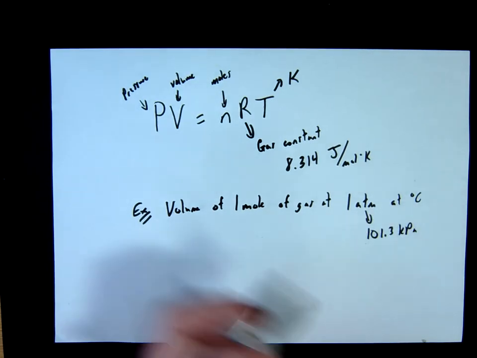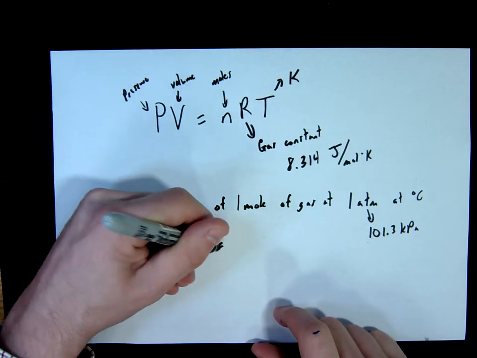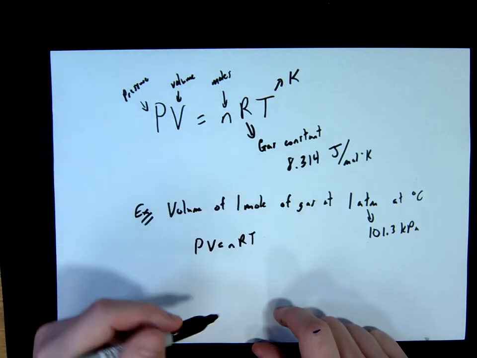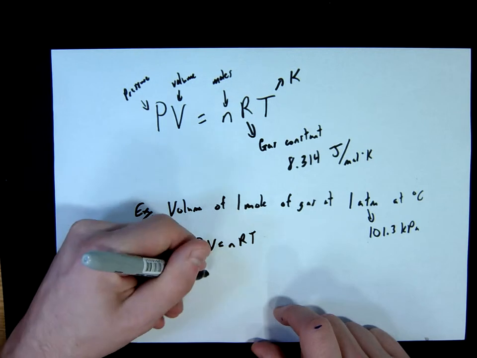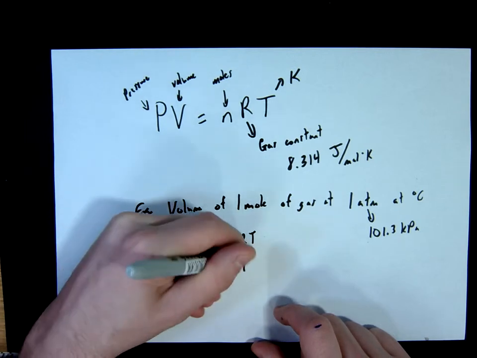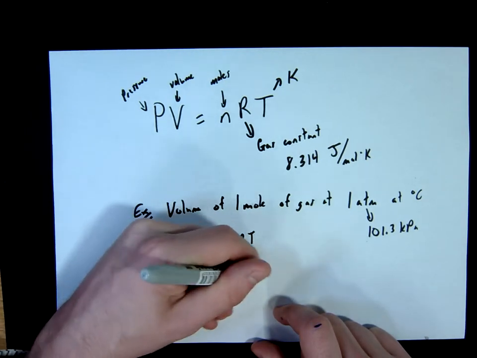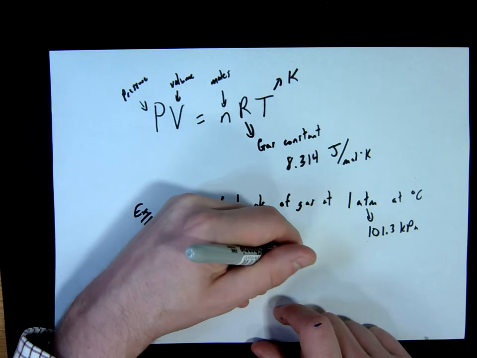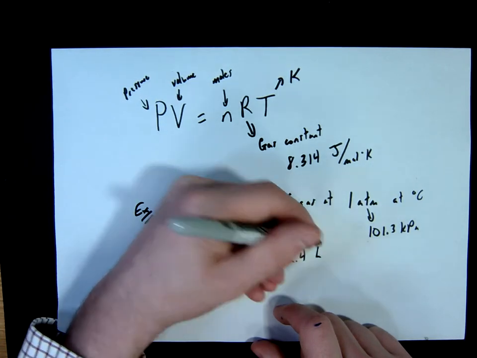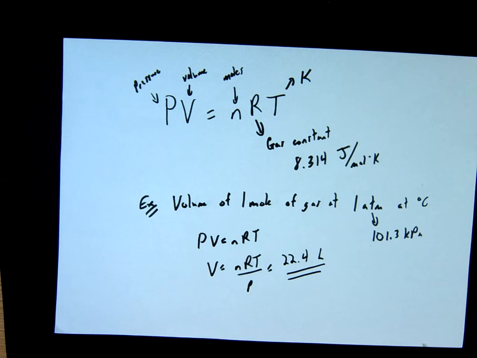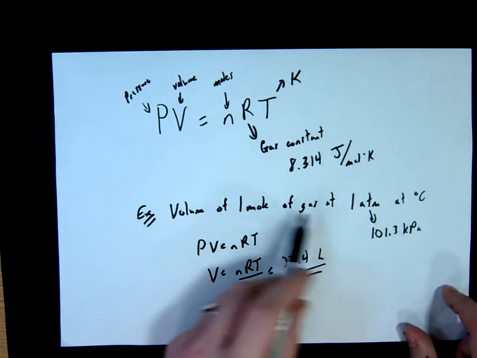If you plug in all your numbers into PV equals nRT and solve for the volume, you're going to get nRT divided by P. I'll save you the time, but you end up getting 22.4 liters. This is a useful result because I didn't specify what type of gas.